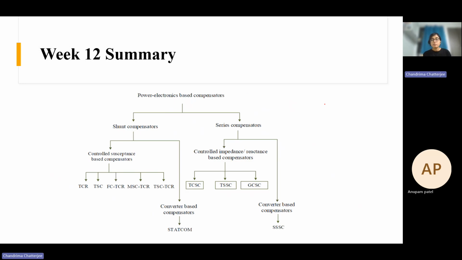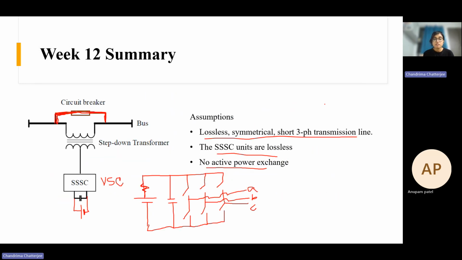So if we summarize the SSSC, this compensator, we learned a few things. First of all, SSSC is capable of exchanging both reactive and active power with the system. The only thing is that for active power exchange, there must be an active DC source present in the circuit.